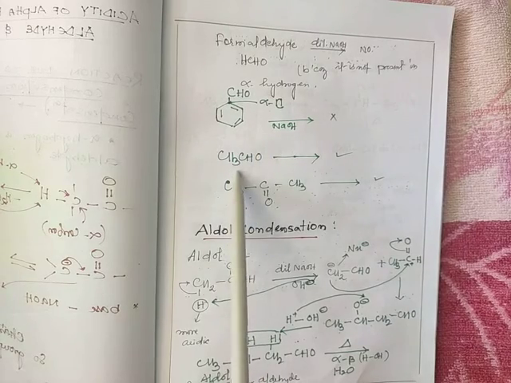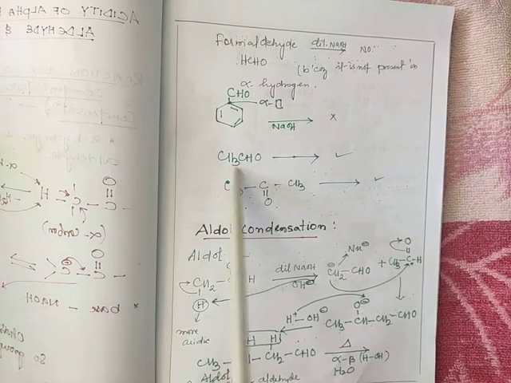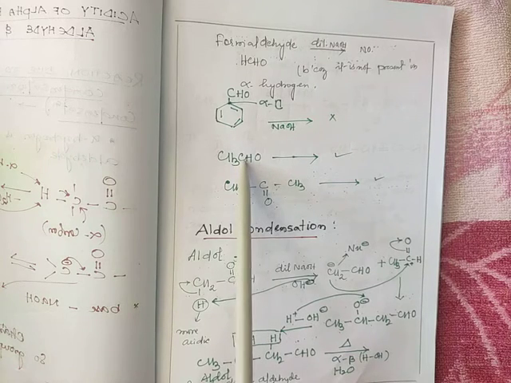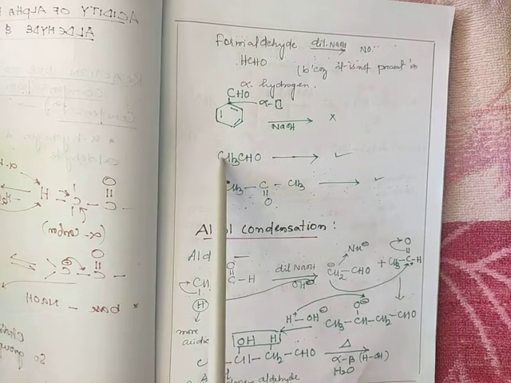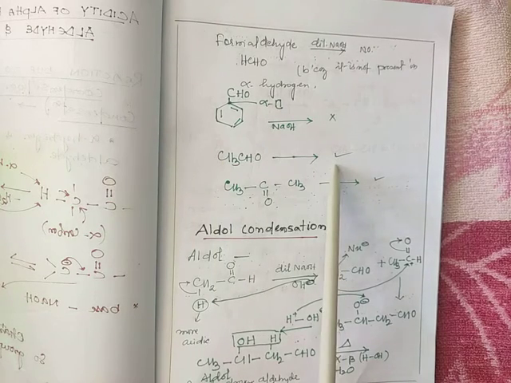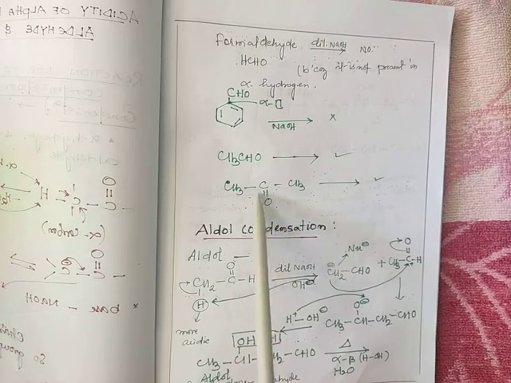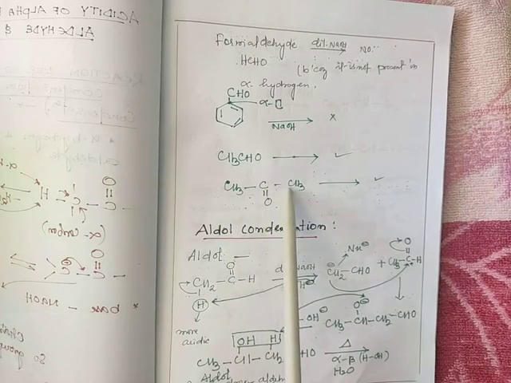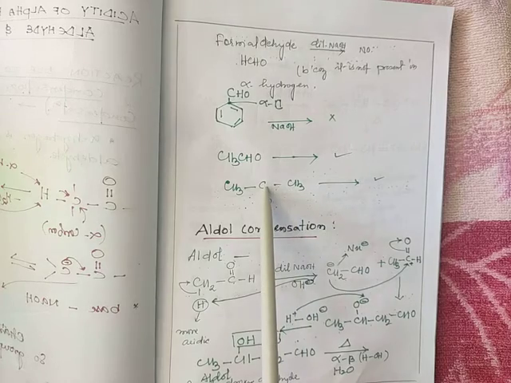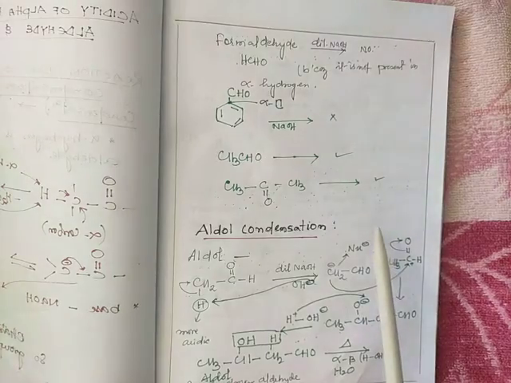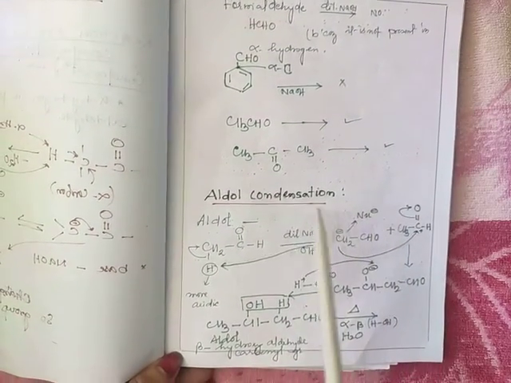Now another one, acetaldehyde. In acetaldehyde, this carbon is the nearest to the carbonyl carbon, so alpha hydrogen is present and we can do the reaction in basic medium. Like that the next one is also, this carbon is nearest to the carbonyl carbon, so it can also do the reaction.